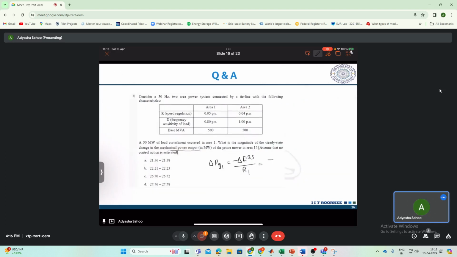It was 0.002136. See, R1 is in per unit, that's why this also we are putting in per unit, right? So per unit divided by R1, which is 0.05.